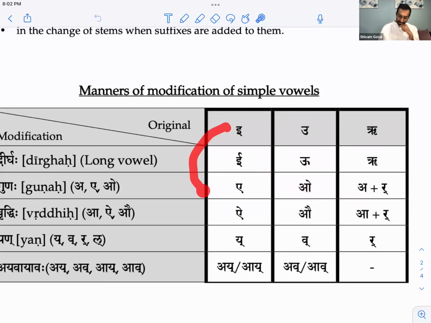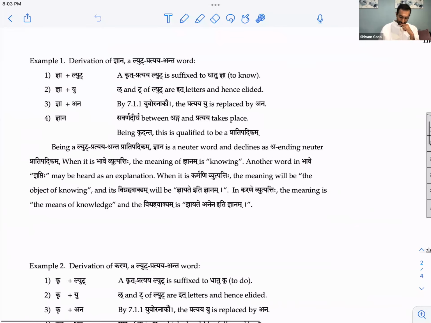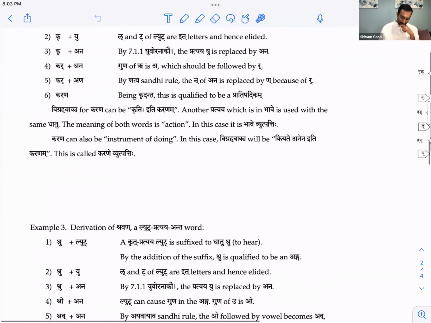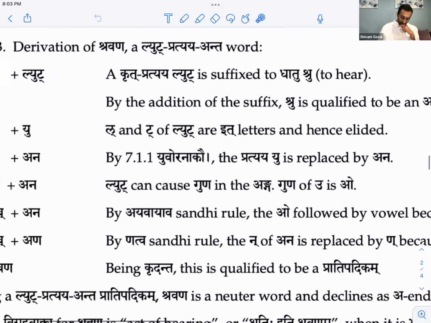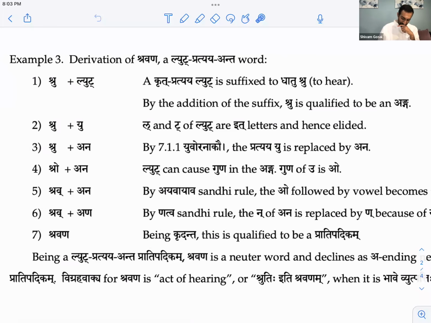Okay, so i becomes e, u becomes o, r becomes ar. That's a good shorthand for us to remember, right? So going back, sorry. Guna can happen on this vowel u. So as we just saw, u becomes o. So shro plus ana.